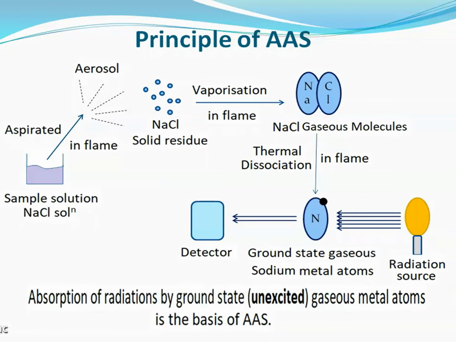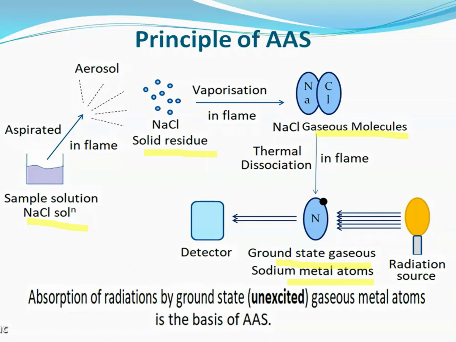Let's see the principle in an infographic. First of all, the sample was in solution form. It was aspirated into aerosols, then solid residue is formed, and it was vaporized in the flame. Then gaseous molecules are formed. Then they were thermally dissociated into ground state gaseous sodium metal atoms.